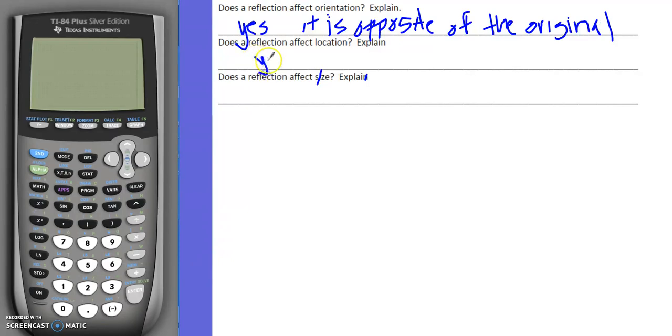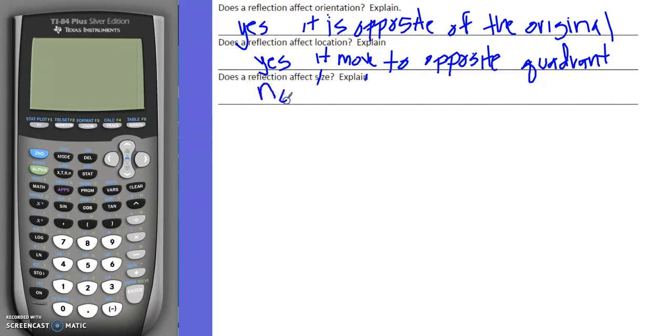Yes. It moves to the opposite quadrant. And does the reflection affect the size? No. Size stays the same. All right.